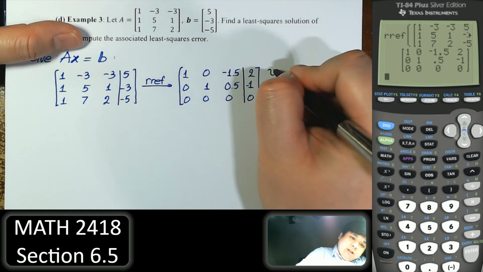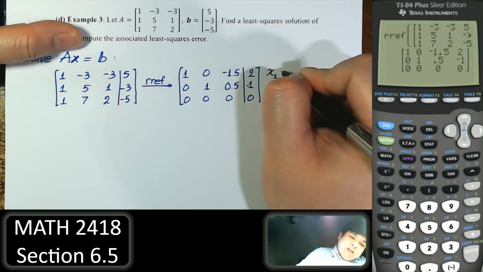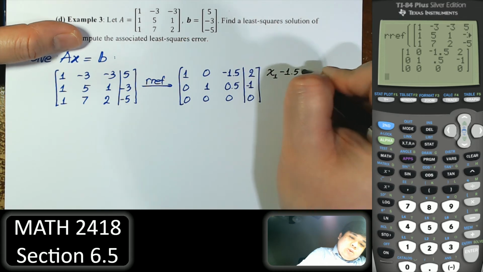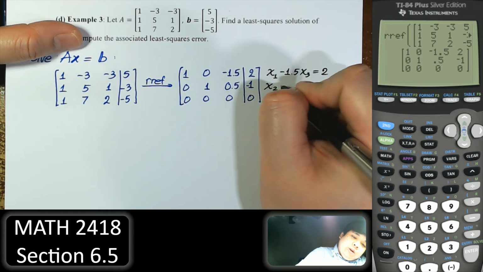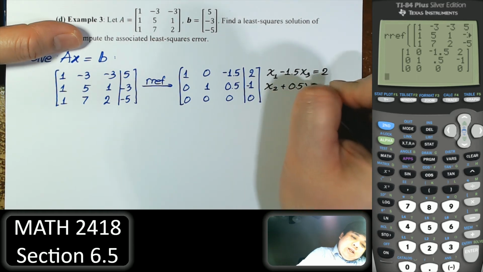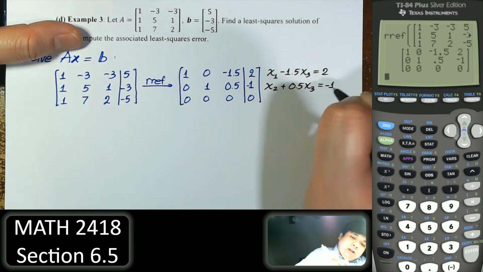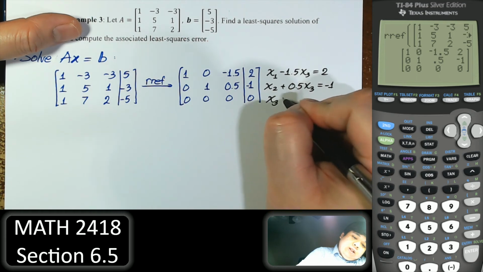So we have x1 minus 1.5 x3 equal to 2. x2 plus 0.5 x3 equal to negative 1. And x3 is 3.